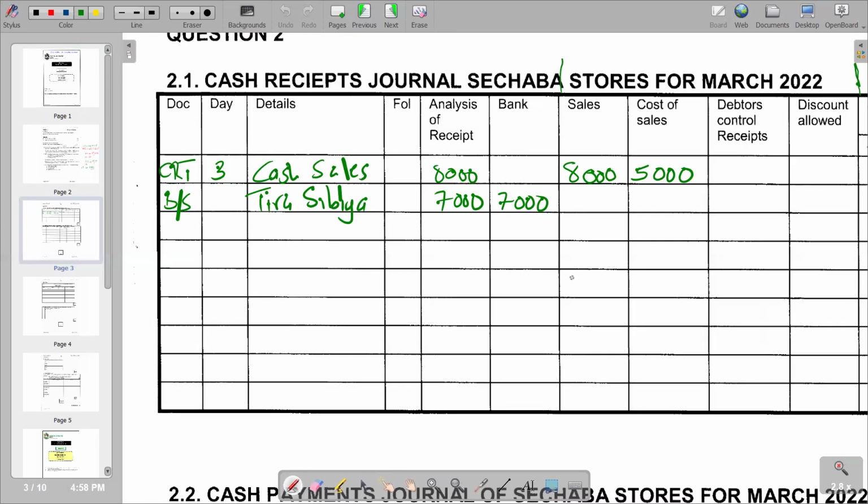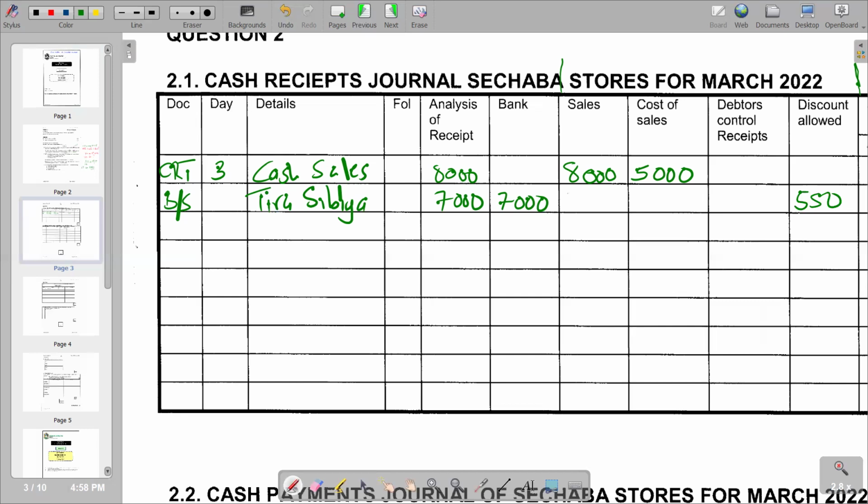So we are going to say for discount allowed, we've got 550. But remember, we also have a column that we have to put our 7,000, which is for bank. We put our bank there. And then we have also our sales. The column for our sales that we are having is here, where we are supposed to put our 7,000 again.